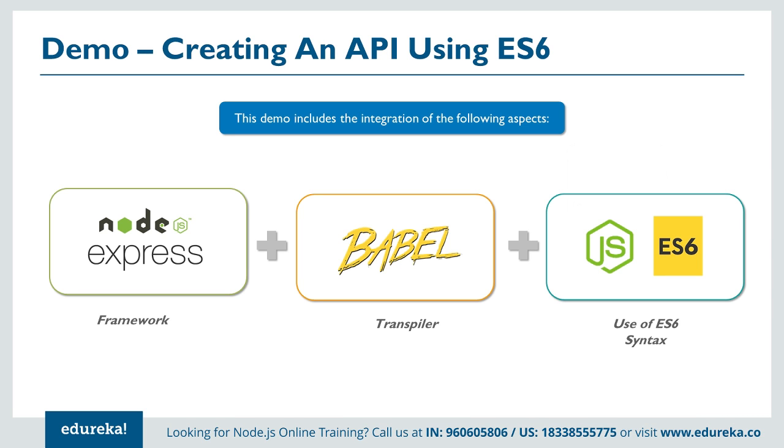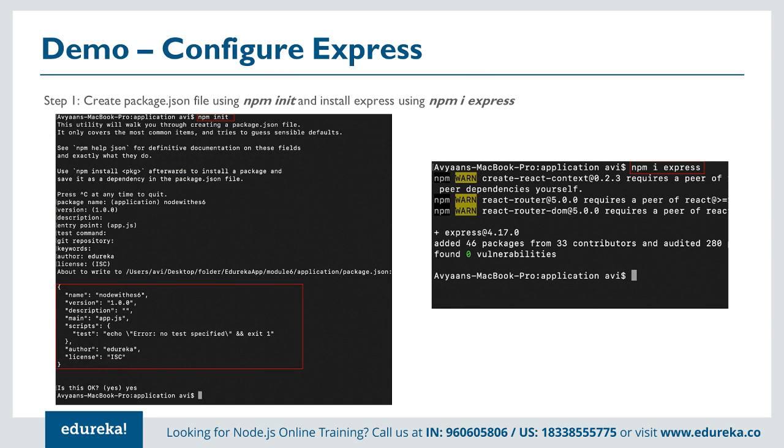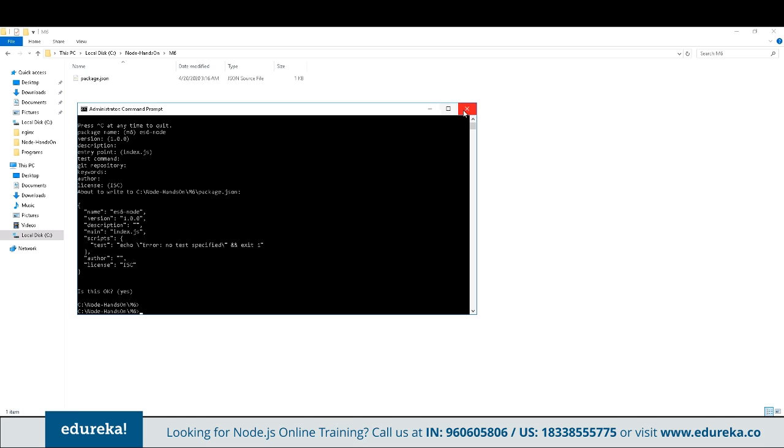Let's look at a demo of creating an API using ES6. For this demo, we'll be using Express and Babel, the transpiler, and the code that we will write will be in ES6 syntax. That syntax will be transpiled by Babel into ES5 syntax. So let's start by creating our application and installing Express. We have the package.json ready.